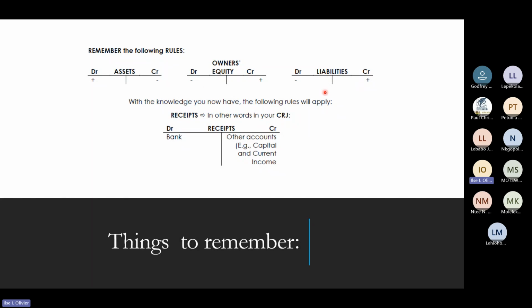If we look at our liabilities, it will always increase on the credit side and decrease on the debit side. So if we look at our CRJ, we can say that bank is an asset. The asset will increase, so it will be debited. Therefore, all the other accounts will be credited.